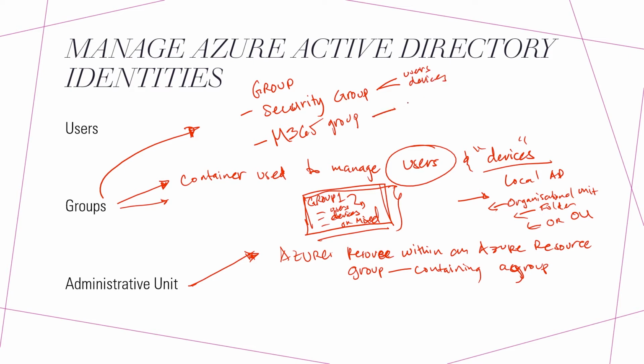A Microsoft 365 group is for when you are containing users into a certain Microsoft 365 group, say a SharePoint group or a Teams. This is more on applications, Microsoft 365 applications, Office 365.